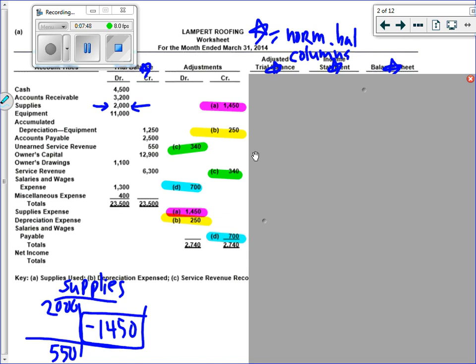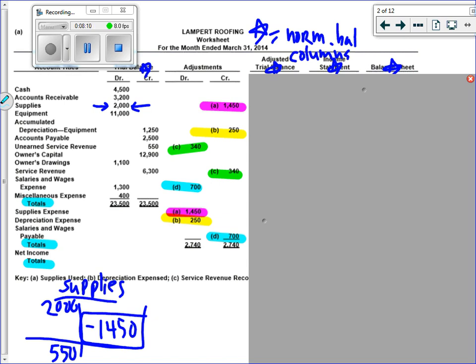So we've got these debits and credits. We're going to, in a vertical column format, add them up and make sure that they equal each other. Notice we've got totals actually 3 times. Do you have all of that in already?